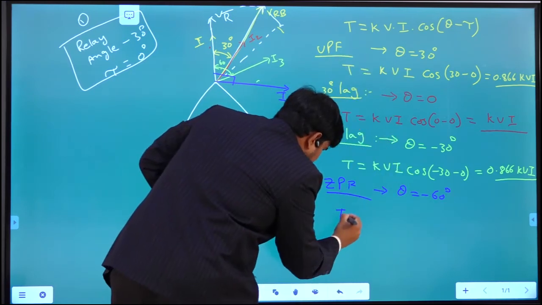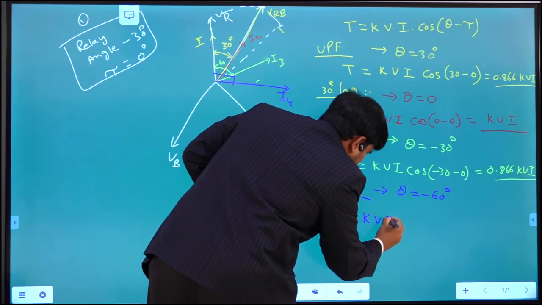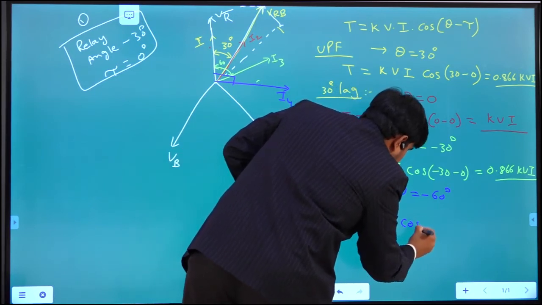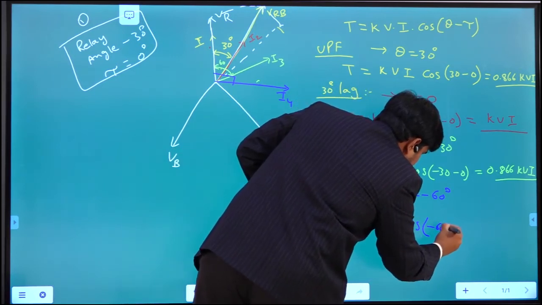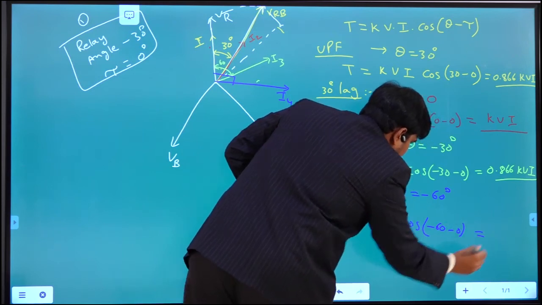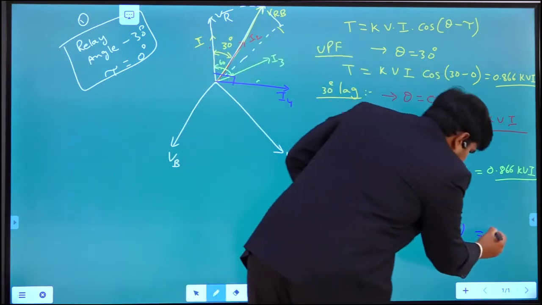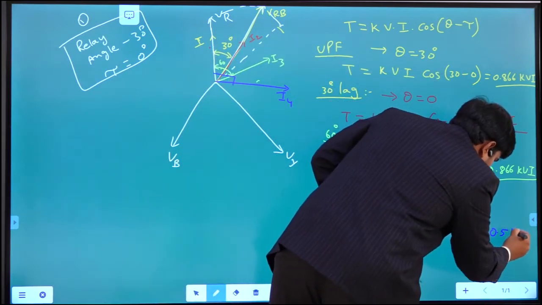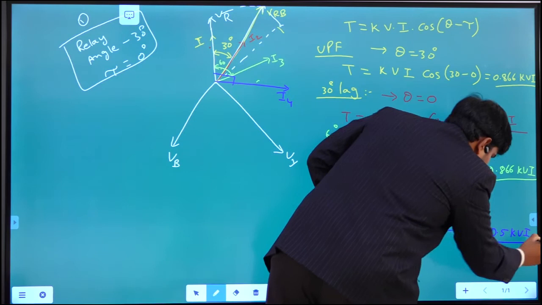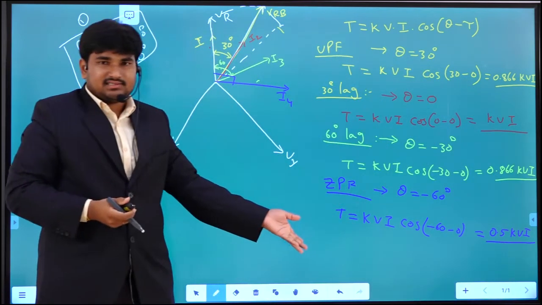Now the torque is equal to K into VI cos of minus 60 minus 0. What is the value of cos 60? 0.5. So 0.5 times K into VI. What does it indicate?